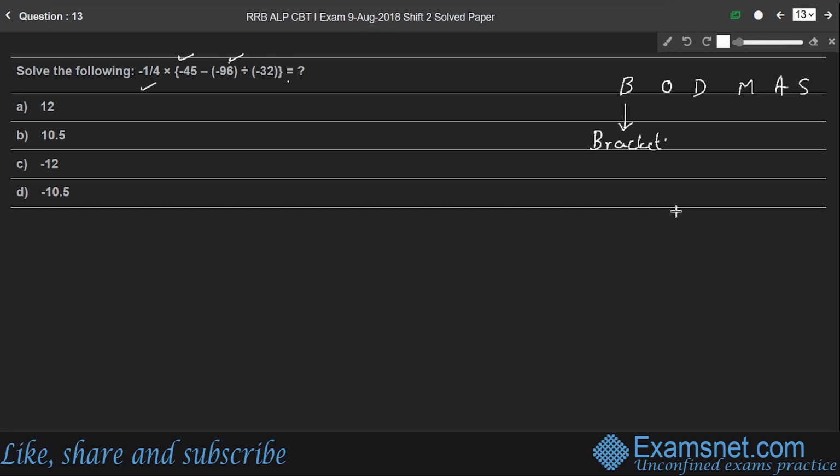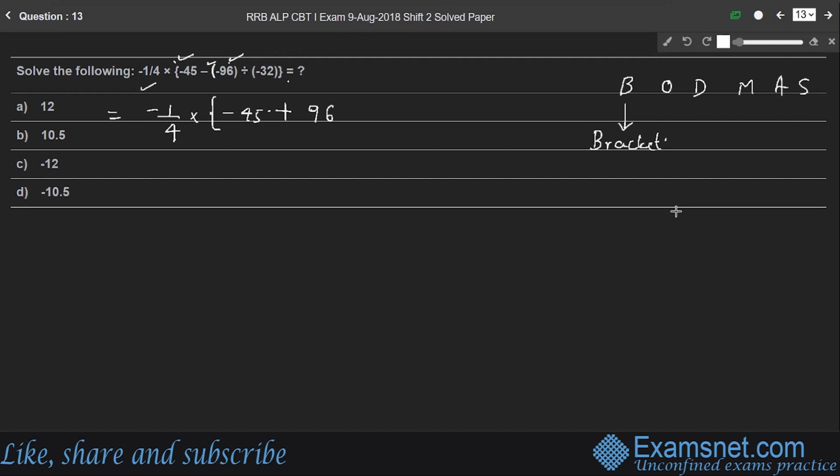So let us consider minus 1 by 4 outside. Inside the flower bracket, which is minus 45, remove this bracket, so minus of minus 96 divided by minus 32. Here, minus of 96 becomes plus 96 when this bracket is removed.